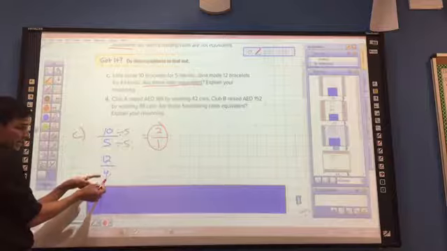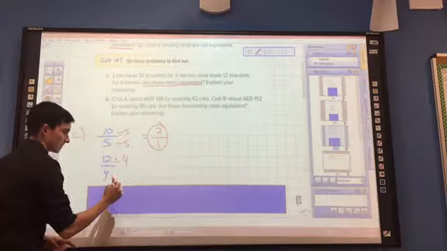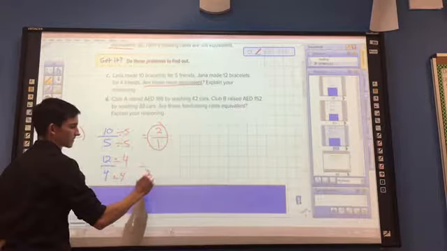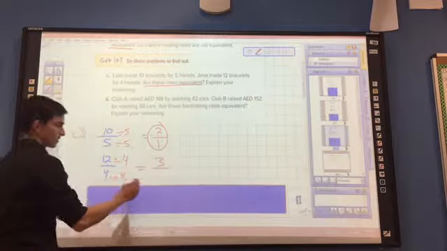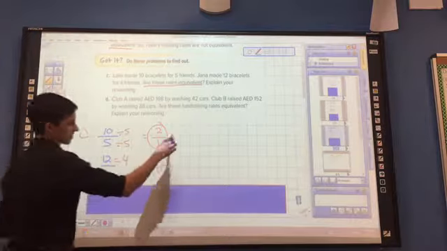There's a 4 on the bottom, so I'm going to divide by 4. 12 divided by 4 is 3. 4 divided by 4 is 1. There's my unit rate. Now, are these the same?